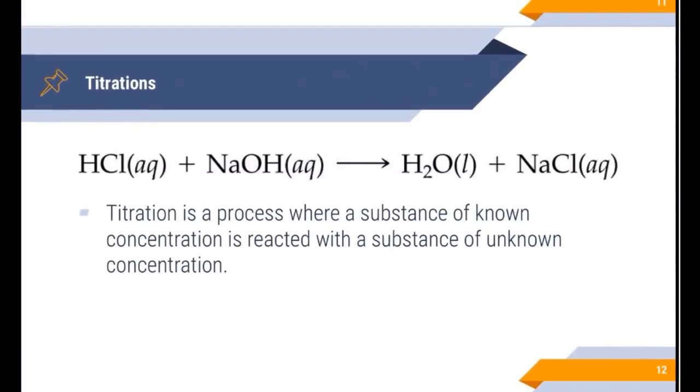And so you've done titration math for your titration lab, hopefully, but a titration is just a process where we figure out what an unknown concentration is with a known concentration. And so we can run an acid-base reaction like this, and we can identify what the concentration of the acid is or what the concentration of the base is, depending on which one we know.